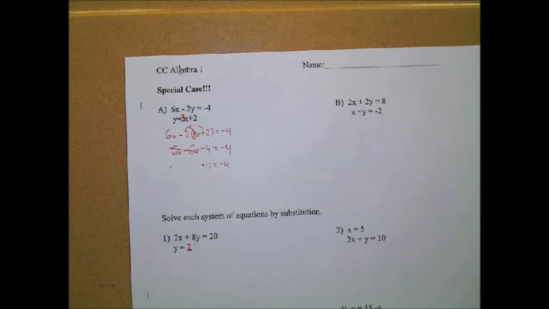So this is one of our special cases. We ran across something where it's always going to be true. So do you think this is infinitely many solutions, or is it no solution? This one is infinite, because we result in a true statement. These two equations are exactly the same. If you solve this top one for y, you will get 3x plus 2.